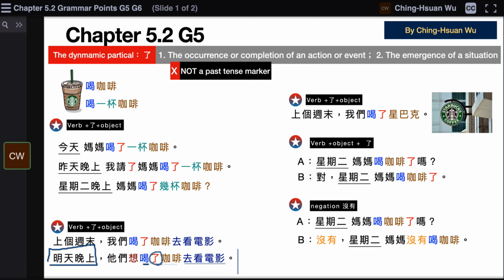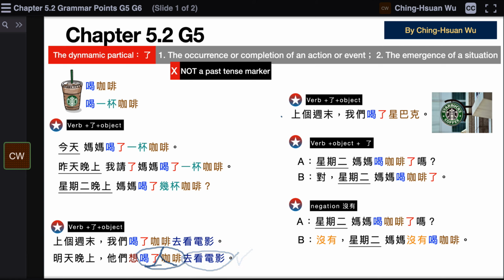You have two actions in sequence. Action 1, action 2. After this one, we will do this one. Again, in this example, you have another action after the le action. In this case, you do not need a measure word here.